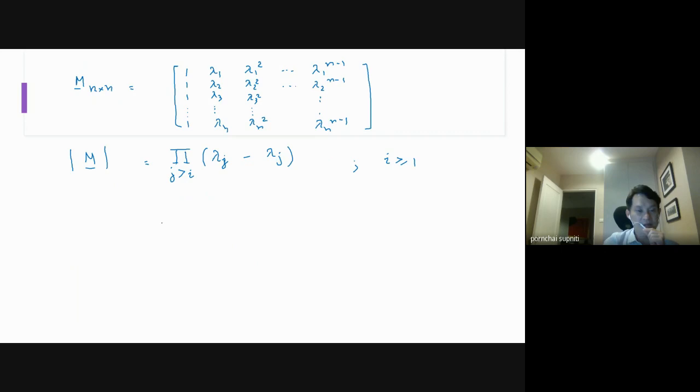Oh, sorry, this is lambda i minus lambda j. You can use MATLAB to test whether it's true or not. And j has to be less than or equal to n. So that's the first matrix, which sometimes comes up when you look at some work.